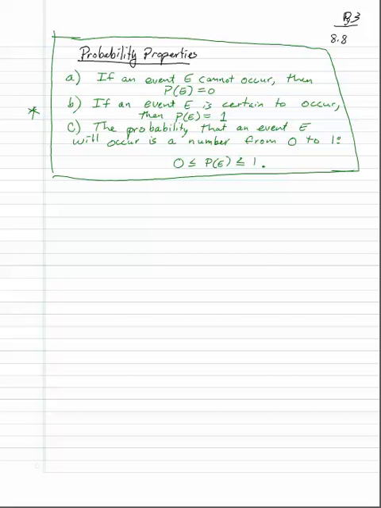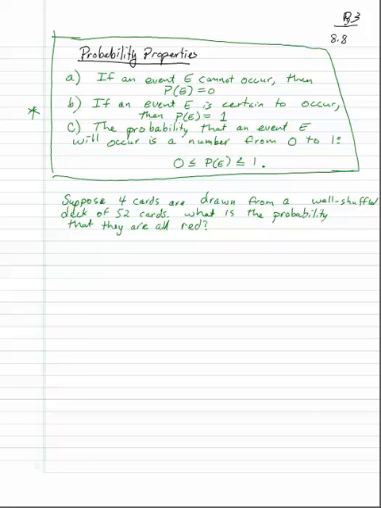Let's do one more example. Suppose 4 cards are drawn from a well-shuffled deck of 52 cards. What is the probability that they are all red?